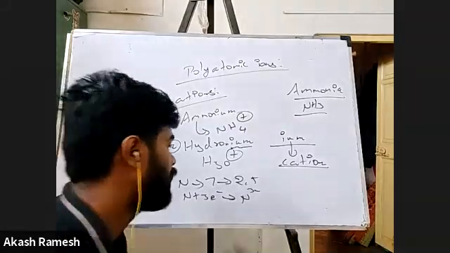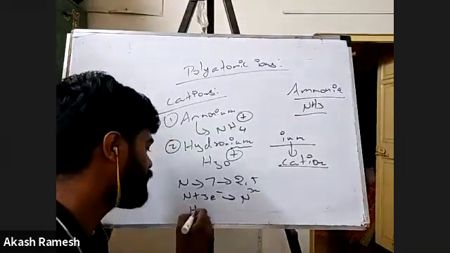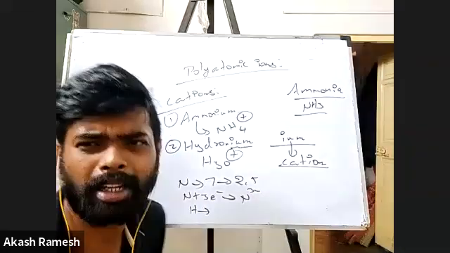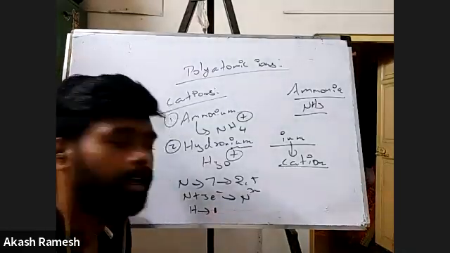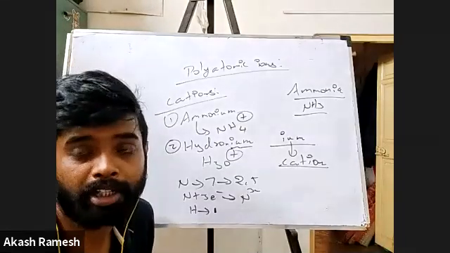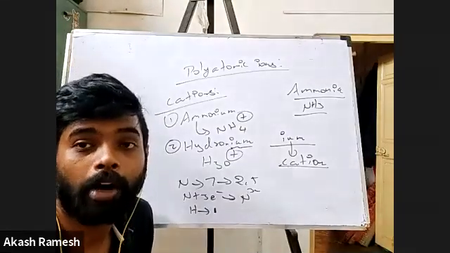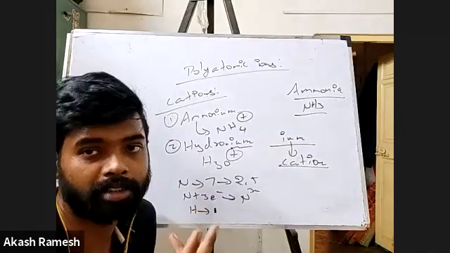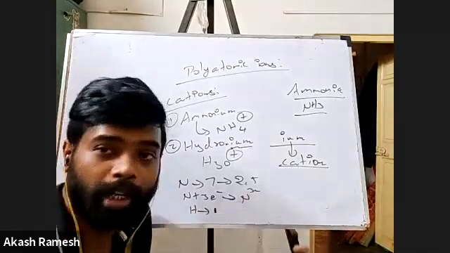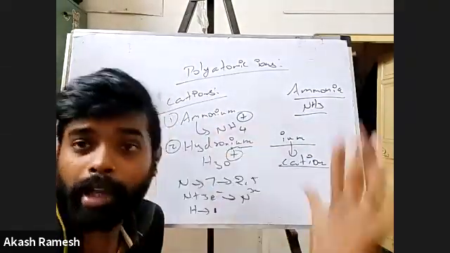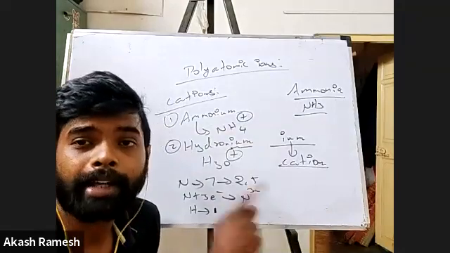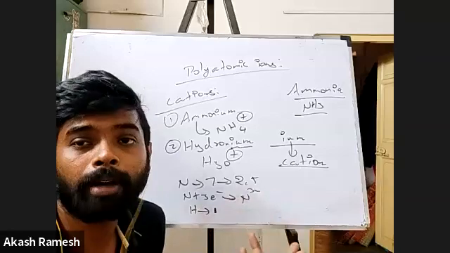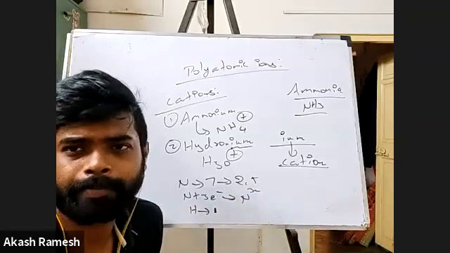Now if I go for hydrogen, hydrogen is actually a very weird species. Hydrogen has 1 as its atomic number and electronic configuration. Hydrogen can do both things: it can lose 1 electron to form a species with no electrons in the shells, or it can accept 1 electron to form H minus. We'll see about it.